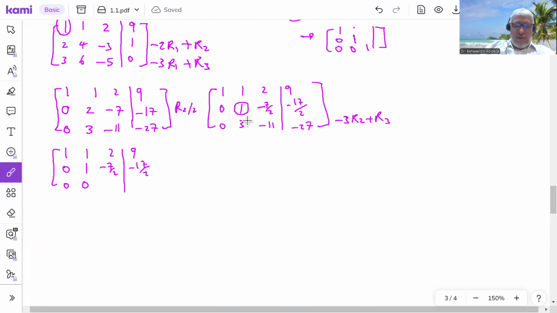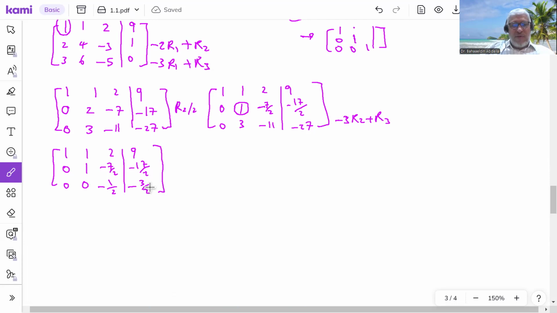You can use the calculator if you like. 21 over 2 minus 11 will give you negative half. And negative 3 times negative 17 over 2 is 51 over 2 minus 27, and this will give you negative 3 over 2.